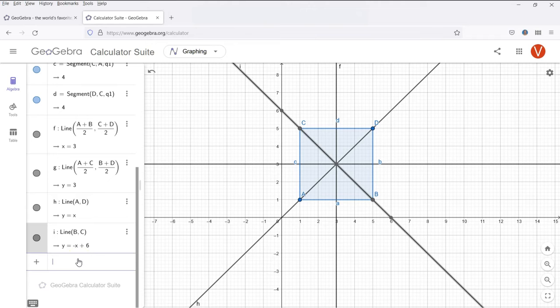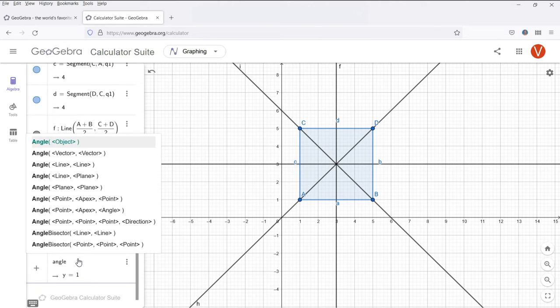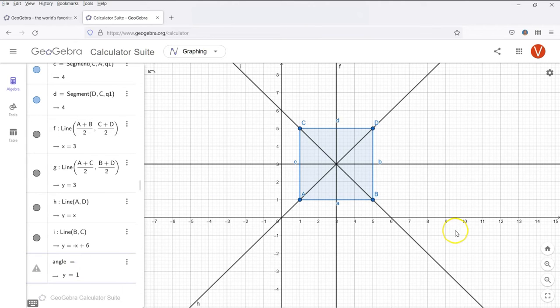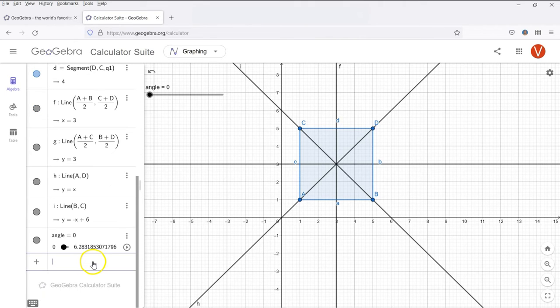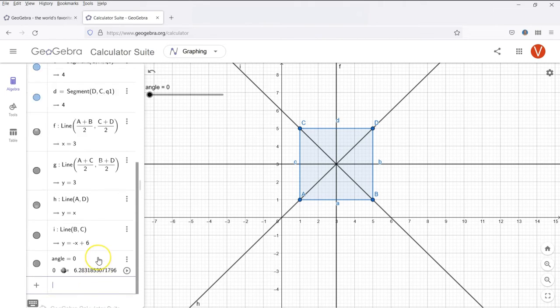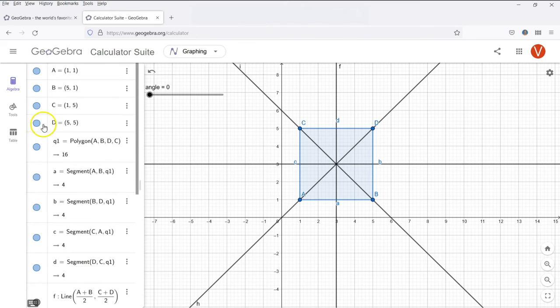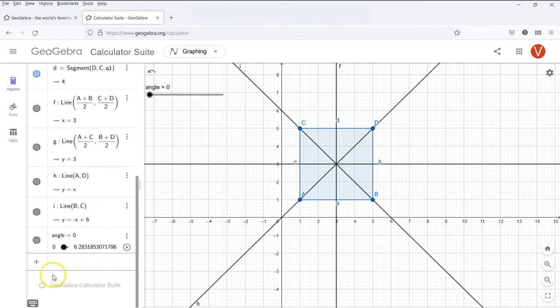Okay. Now, what else do we require? We require the angle. So let angle be equal to slider 0 to 2 pi in intervals of pi by 20. And now let's see what it has given. Q1 is the name of the polygon.